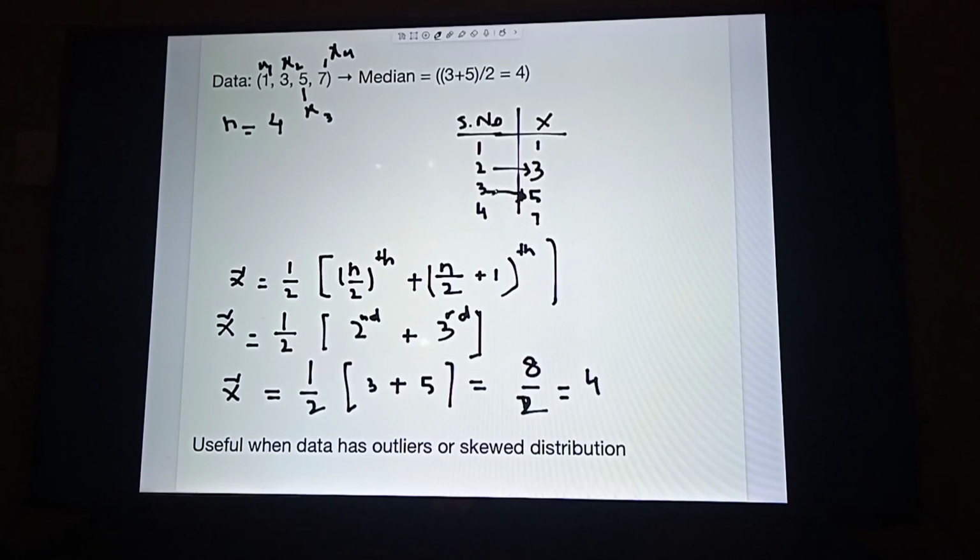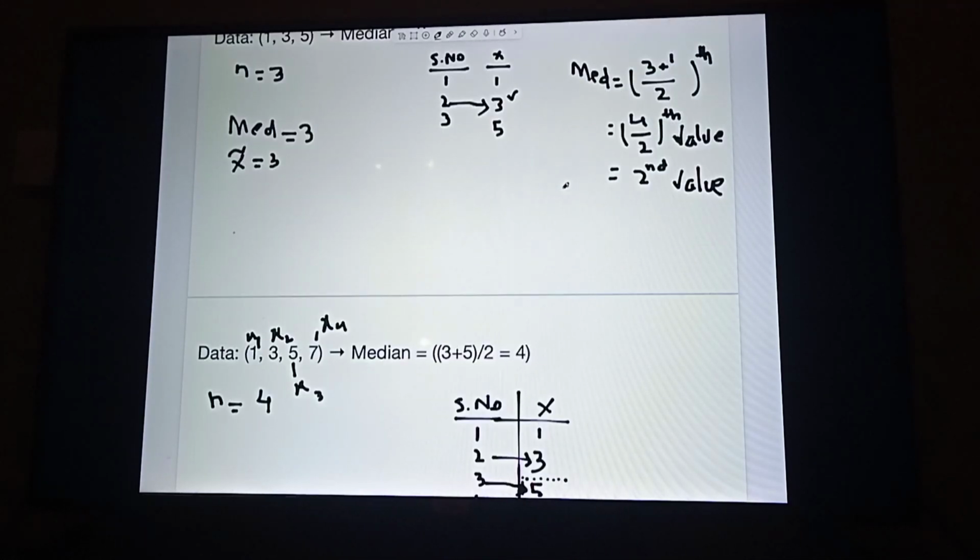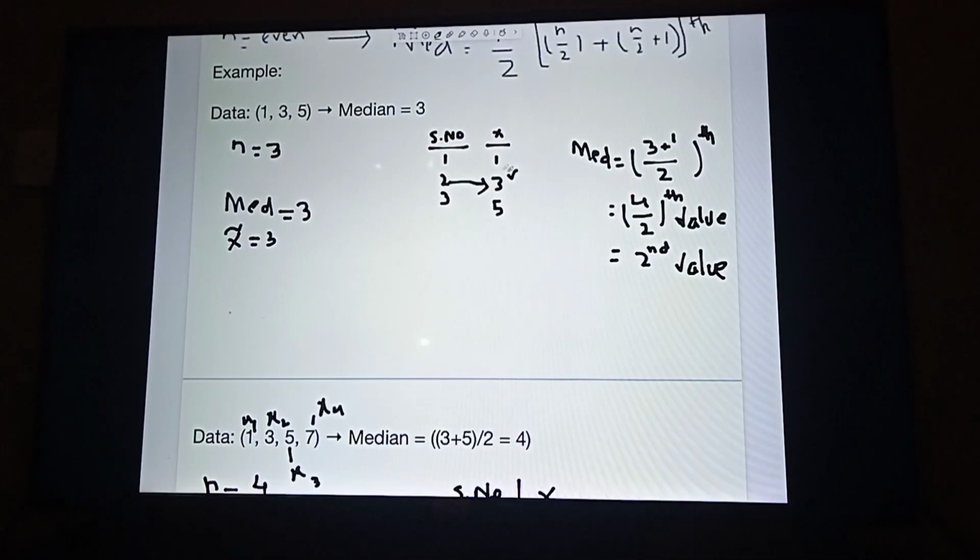Now you see, the middle value is here somewhere. This 4 will lie here, and this is the center of the data set. Similarly, X bar is 3, and this is the center of the data set.